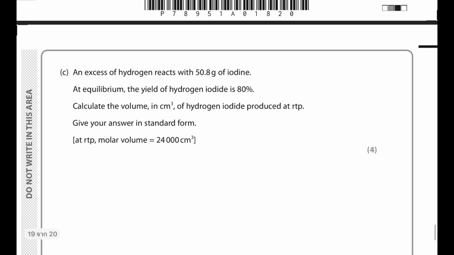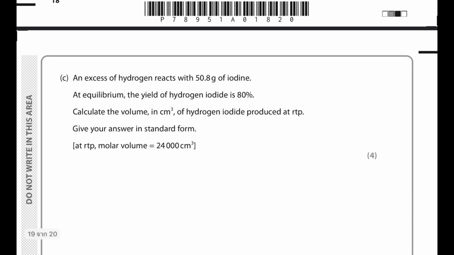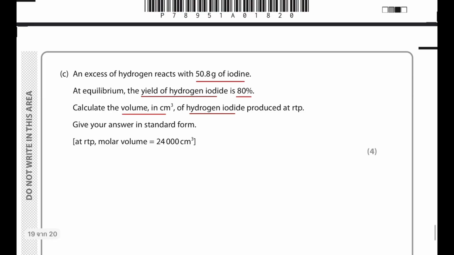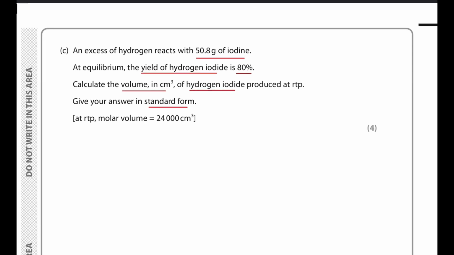Question C. An excess of hydrogen reacts with 50.8 grams of iodine. At equilibrium, the yield of hydrogen iodide is 80%. So calculate the volume in cubic centimeters of hydrogen iodide produced at RTP. Give your answer in standard form.